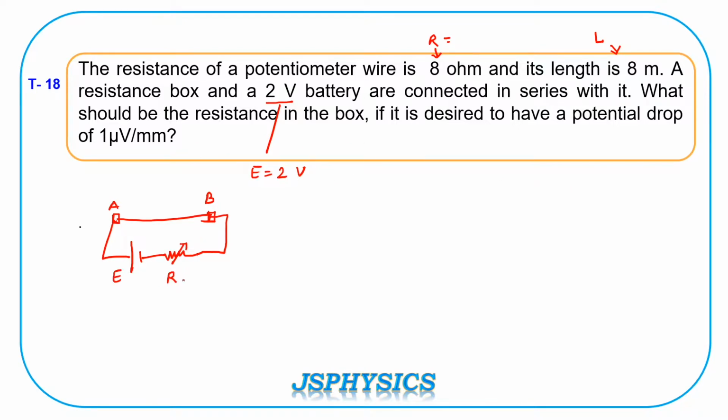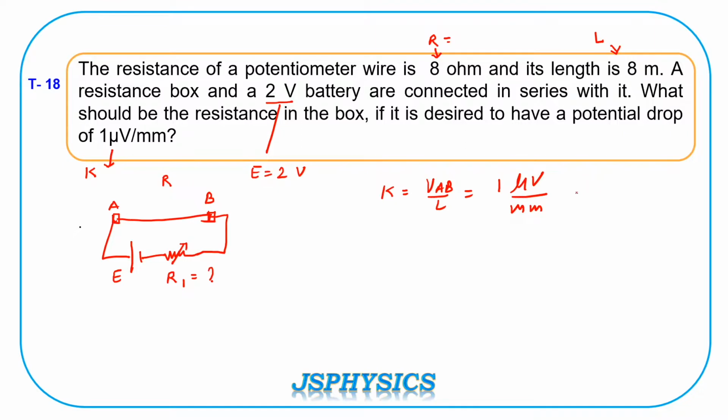The value of R1 we have to find out. You can see the resistance of this wire is R. If it is desired to have a potential drop of 1 microvolt per millimeter, so this is nothing but potential gradient. So potential gradient is given to us, that is VAB upon L, which is 1 microvolt per millimeter.